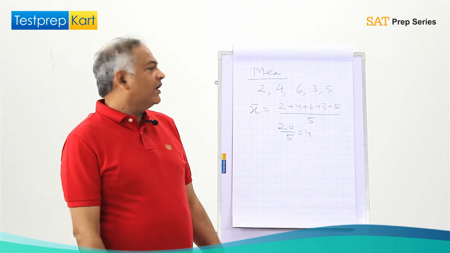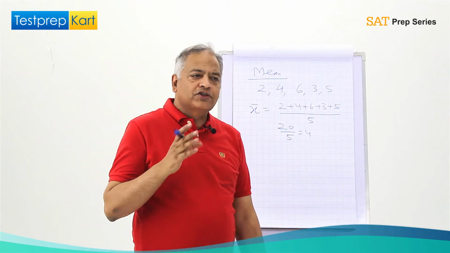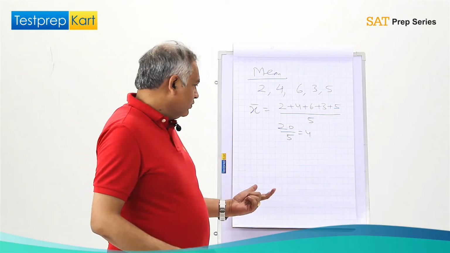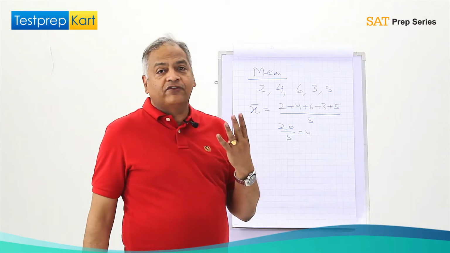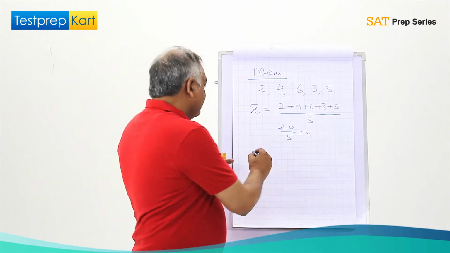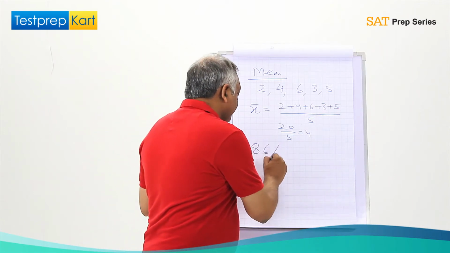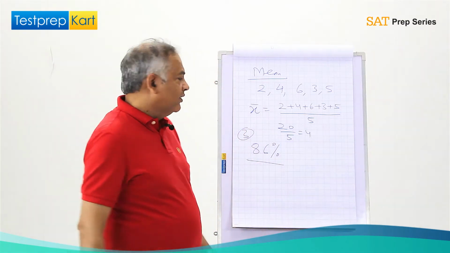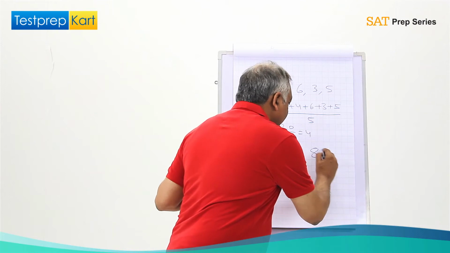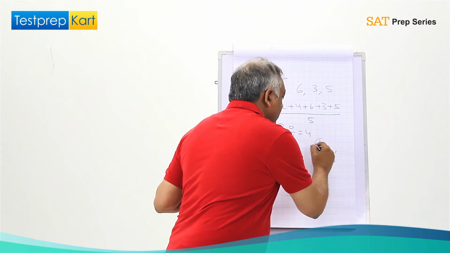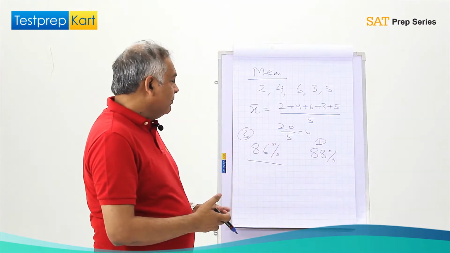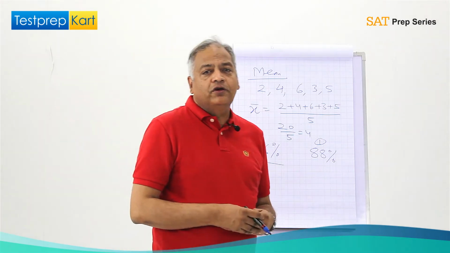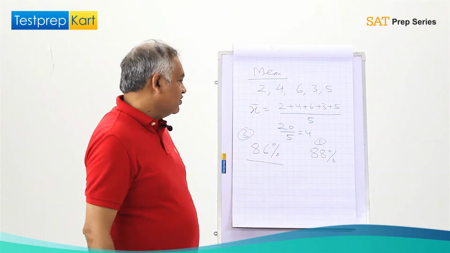The question is something like this: a student has to appear for 4 tests. In 3 tests, his average was 86%. In the last test, he got 88%. So what is the average of his overall percentage?